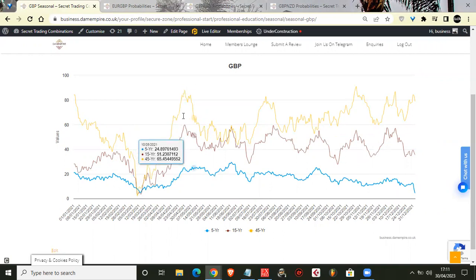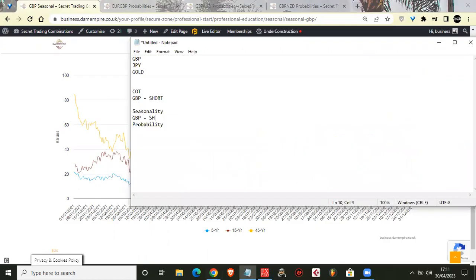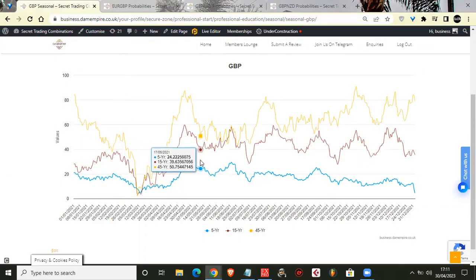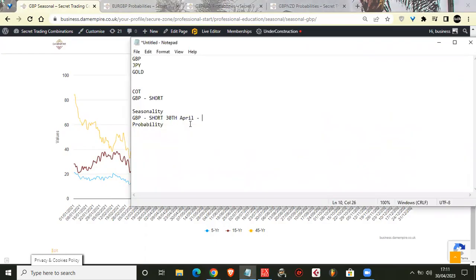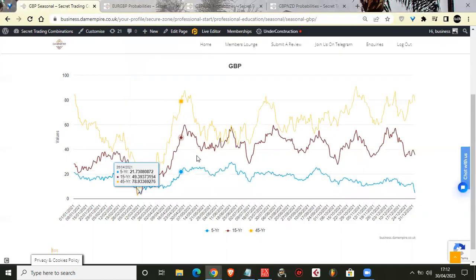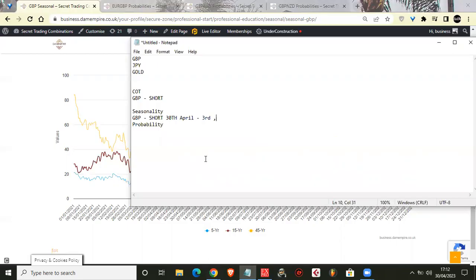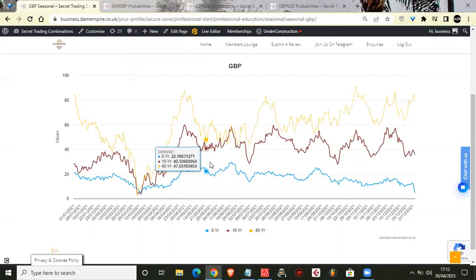So there could be three potential exits. We can do the 3rd, maybe somewhere around here, the 23rd, or the 9th.